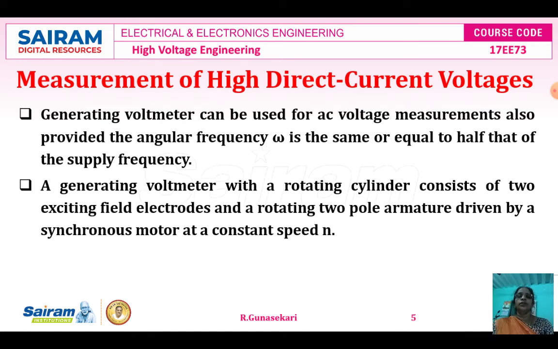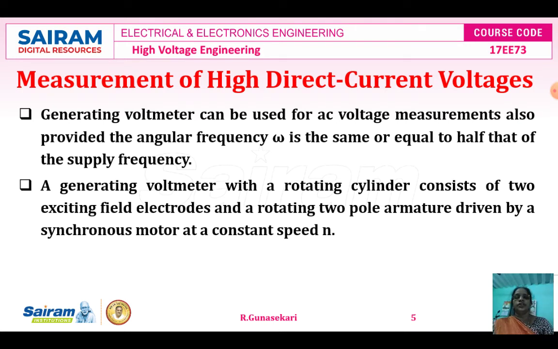The generating voltmeter can be used for AC voltage measurements also, provided the angular frequency omega is equal to half that of the supply frequency. The generating voltmeter can be used for both high DC voltages as well as AC voltage measurement.